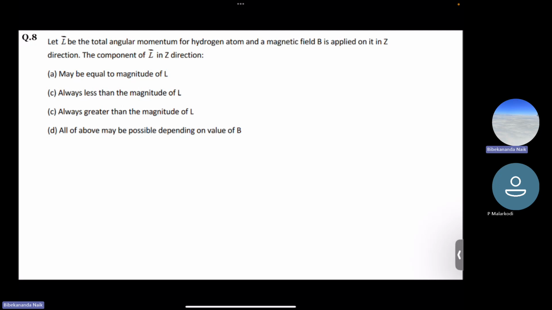Then the component of L vector in z direction may be equal to the magnitude of L, always less than the magnitude of L, always greater than the magnitude of L, or option D, all of the above may be possible depending upon the value of B. So can you think about this question, what will be the correct option?